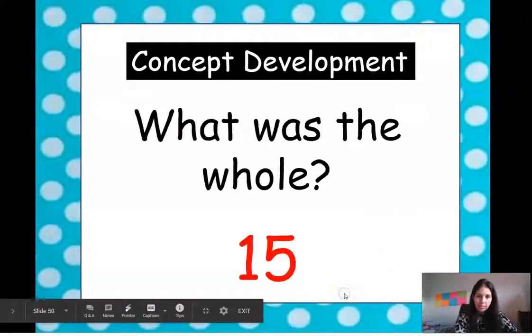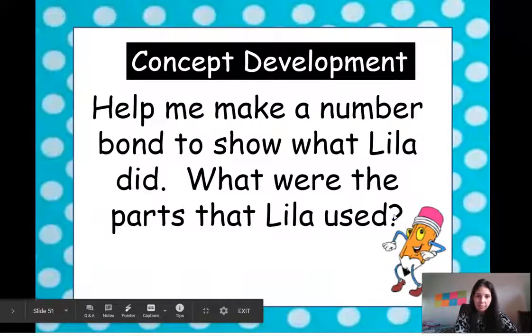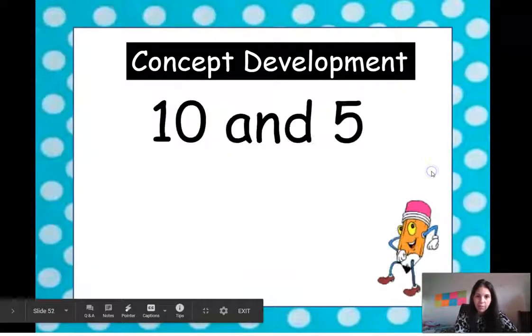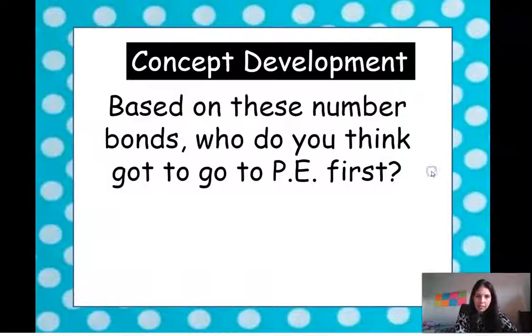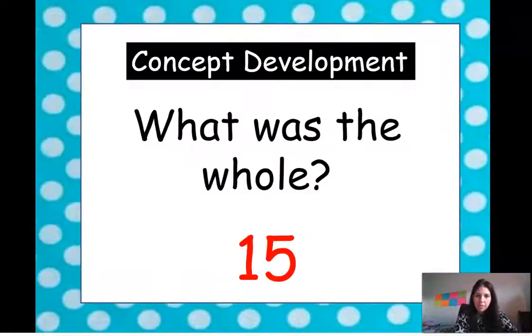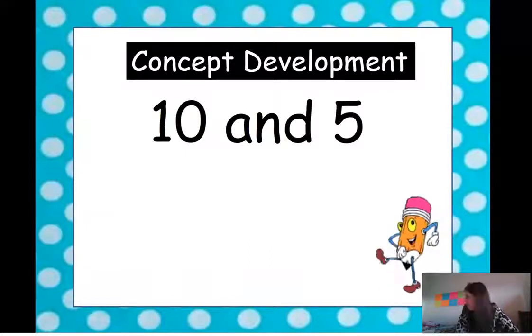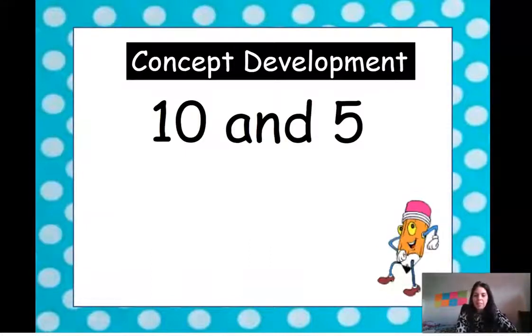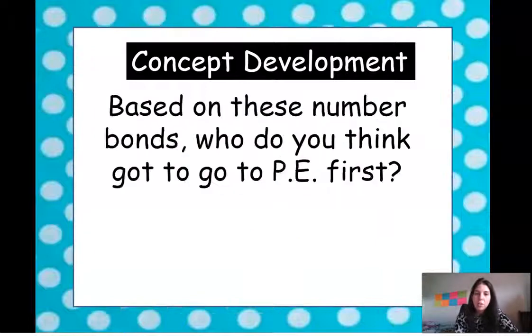Okay. So the whole was 15. Let's see if their number bond matches ours. 10 and 5. Yep, that's what we got. So who do you think got to go to PE first?